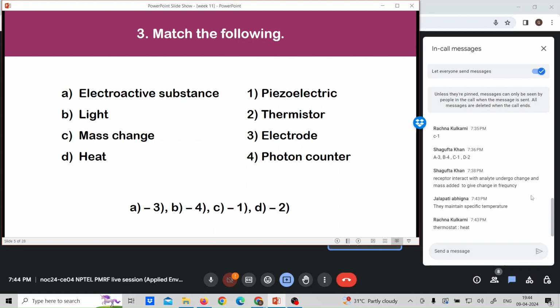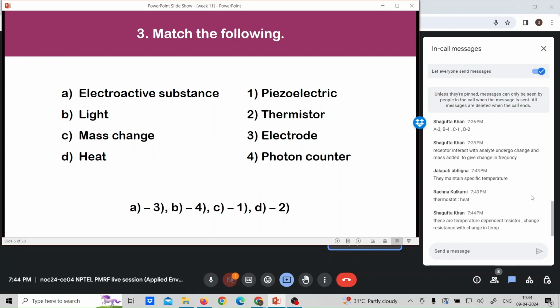Okay, they maintain a specific temperature, and another person is saying it's a thermostat. So, right. Exactly. Whatever you have answered, put together, is what you have to know about a thermistor.